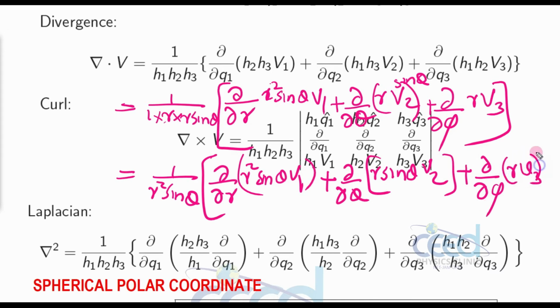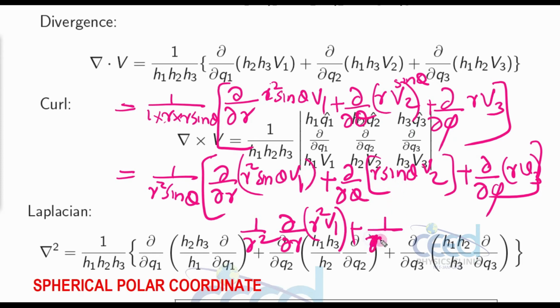Okay, so when I am multiplying these two in, the sin theta and sin theta cancel. With respect to r, sin theta is a constant, so the first term is 1 by r square dou by dou r of r square v1. Okay, this is the first term, and this sin theta with respect to theta will exist. This r I can take out, so that is 1 by r sin theta into dou by dou theta of sin theta v2.